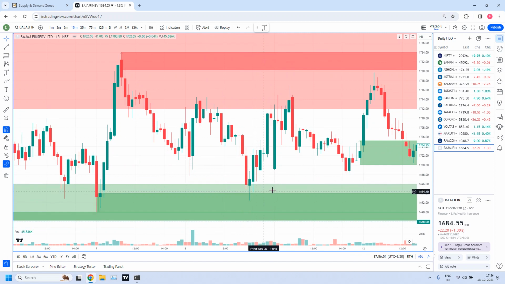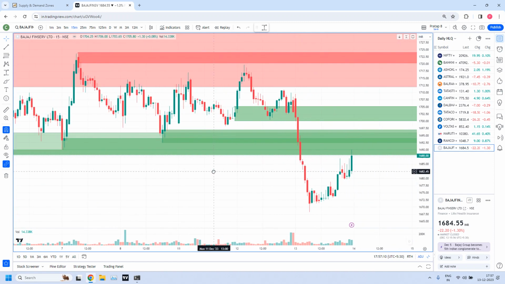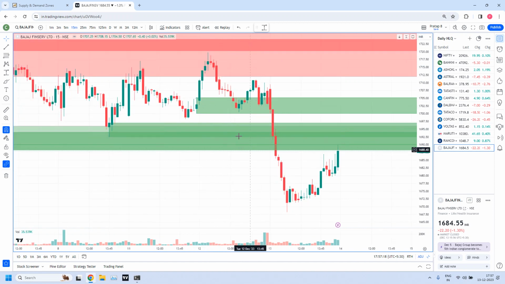We have one more 15 minutes zone; let me draw this one too, so that we really understand how a zone will fail. So inside the daily high liquidity zone, we have drawn the first 15 minutes zone little above, the second one little above, and the third one. And this zone is a target for yesterday's trade. Let me delete this.